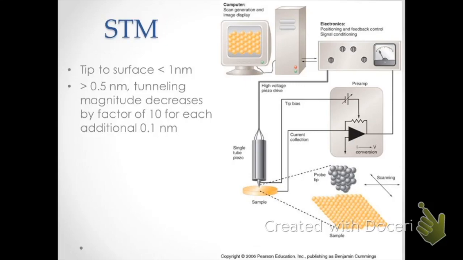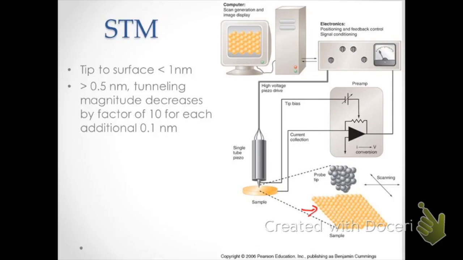In reality, the systems are set up so that the current is maintained at a constant value, so the tip is actually moved up and down as it passes over what, from an atomic level, is a very bumpy surface here.